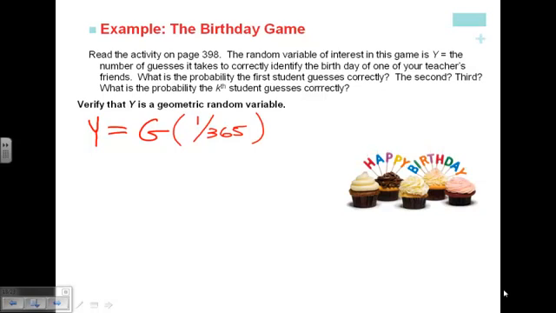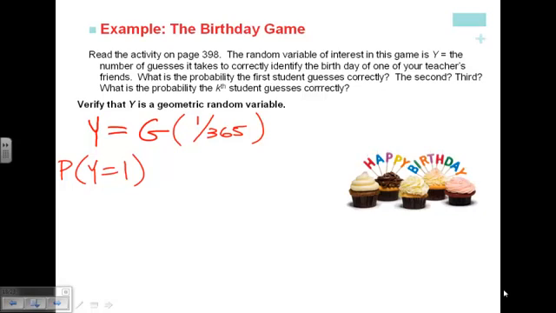Now, can we talk about the probability that the first person guesses it correctly? Again, we changed the rules. Now every guess is independent of each other. No one knows what other people have guessed. I'm going to reiterate this again.